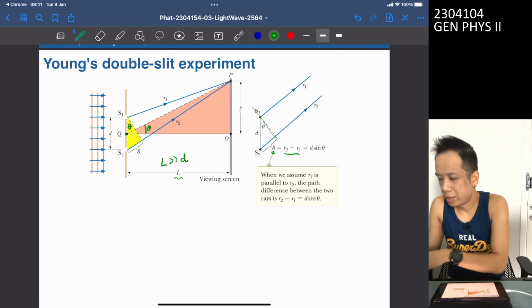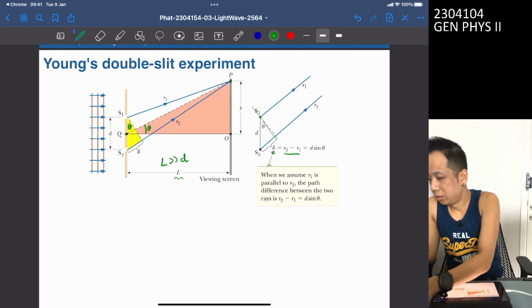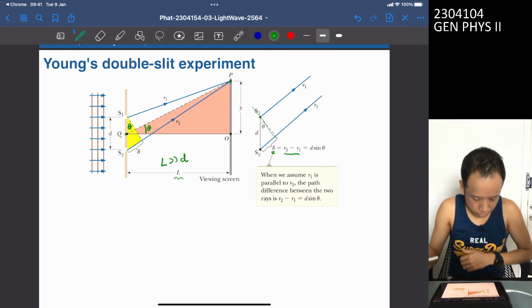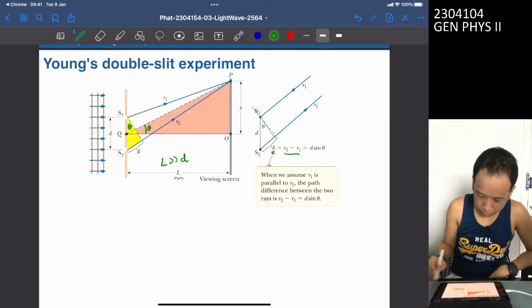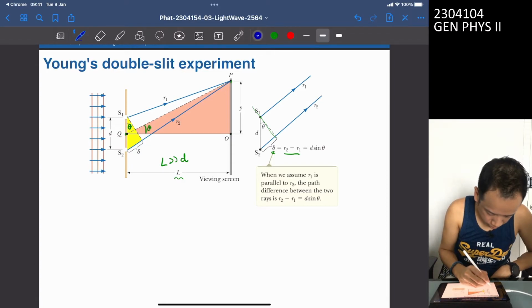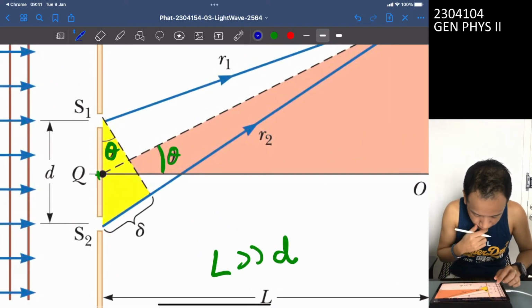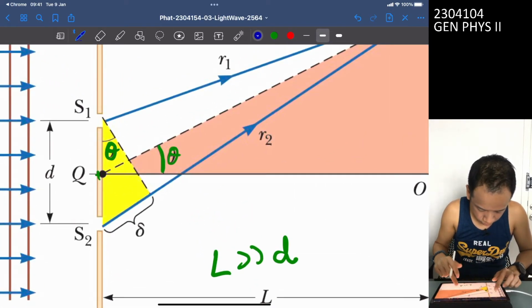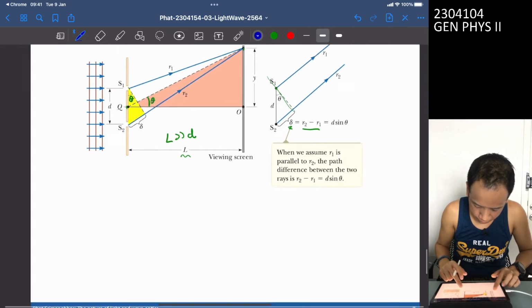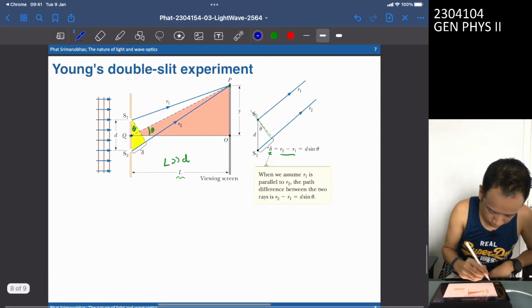Maybe let's try to draw it. If I zoom in, I'll find a place to draw it here.